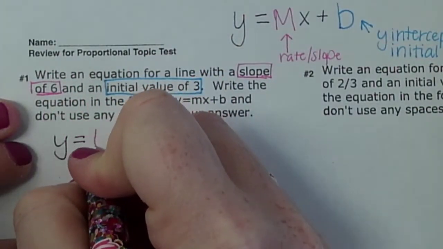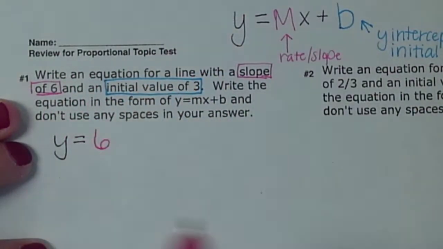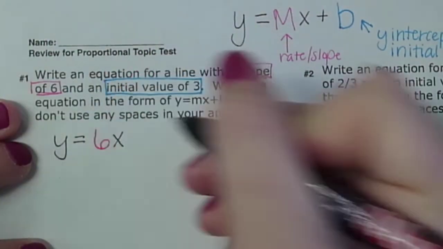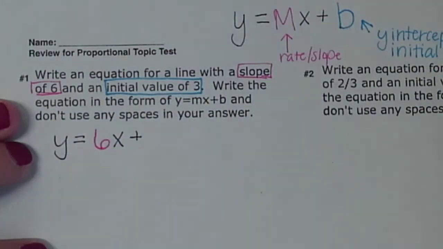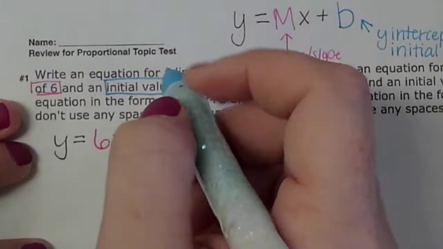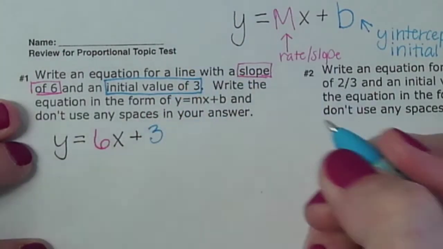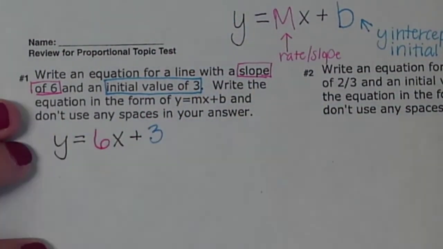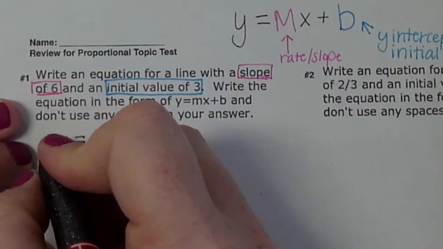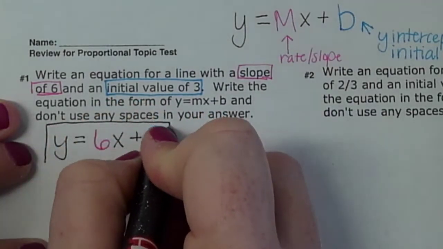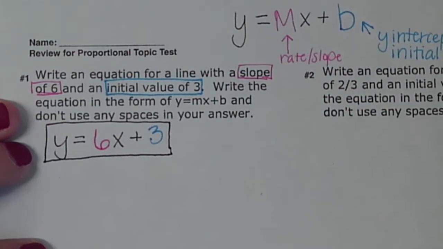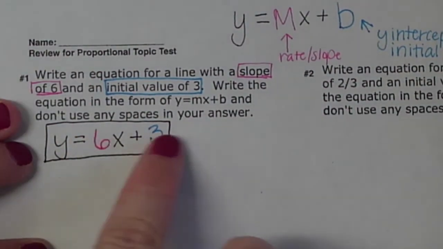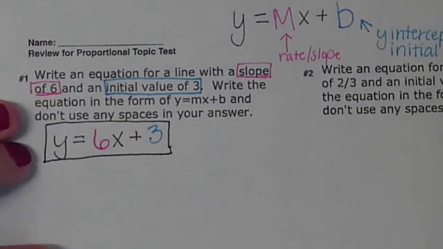So the number for the rate or the slope goes in front of x. And then you're going to put plus the b value, which is 3. That is our equation. Once you know the slope and the initial value or the y-intercept, it's already pretty much giving you your equation.